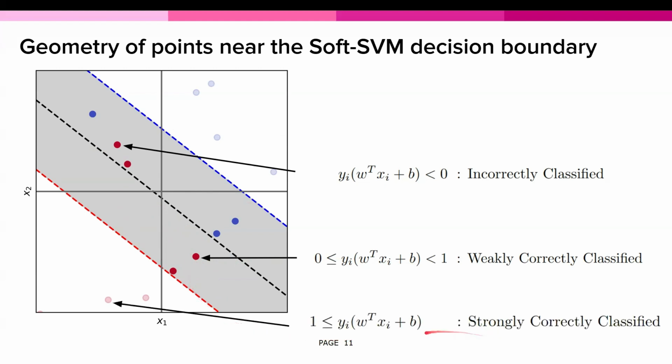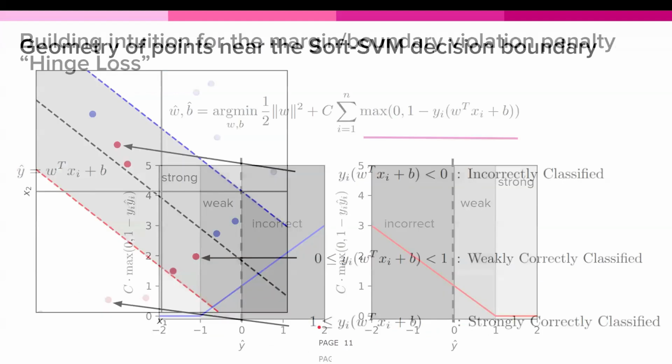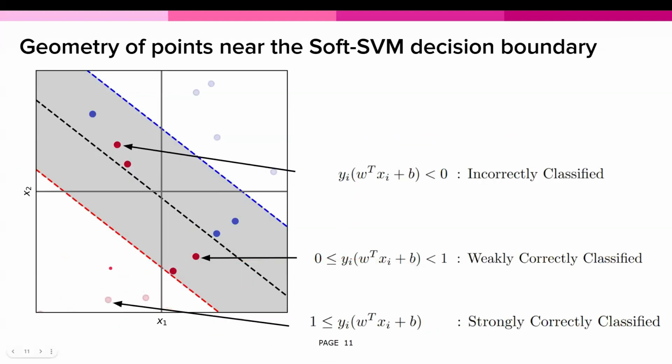Finally, we'll call these ones strongly correctly classified if the product of the true class label and the linear predictor is equal to or greater than 1. They lie outside the margin area, and they're not going to contribute to the loss at all, because once we take the max function, the value is 0.